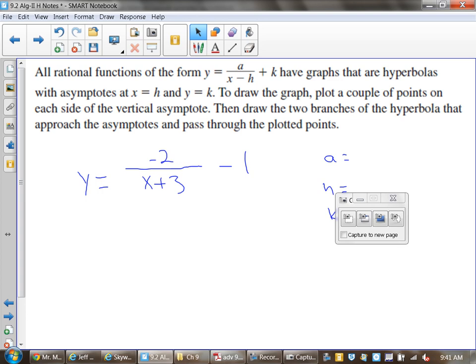You're going to have vertical and horizontal asymptotes at these different values. We're going to have vertical asymptotes at x equals h, and horizontal asymptotes at, excuse me, y equals k.